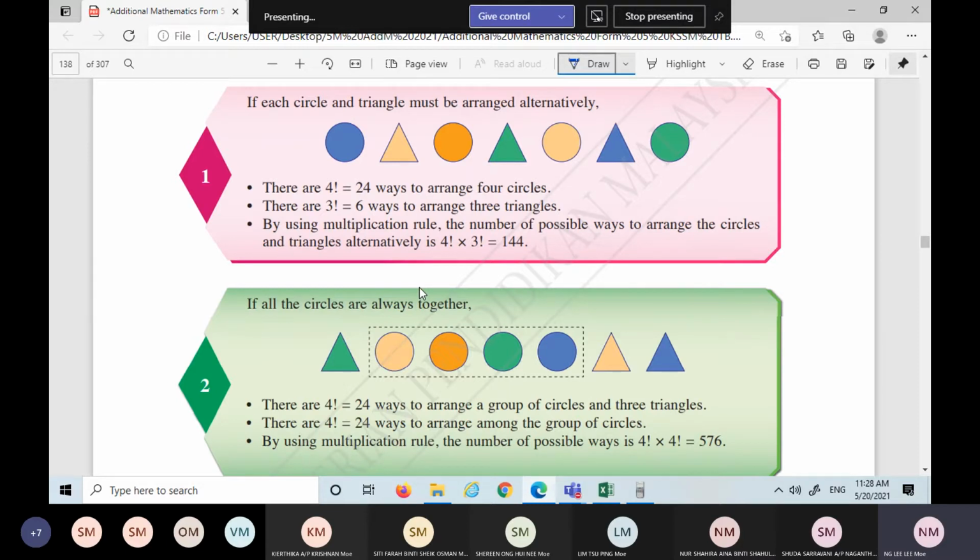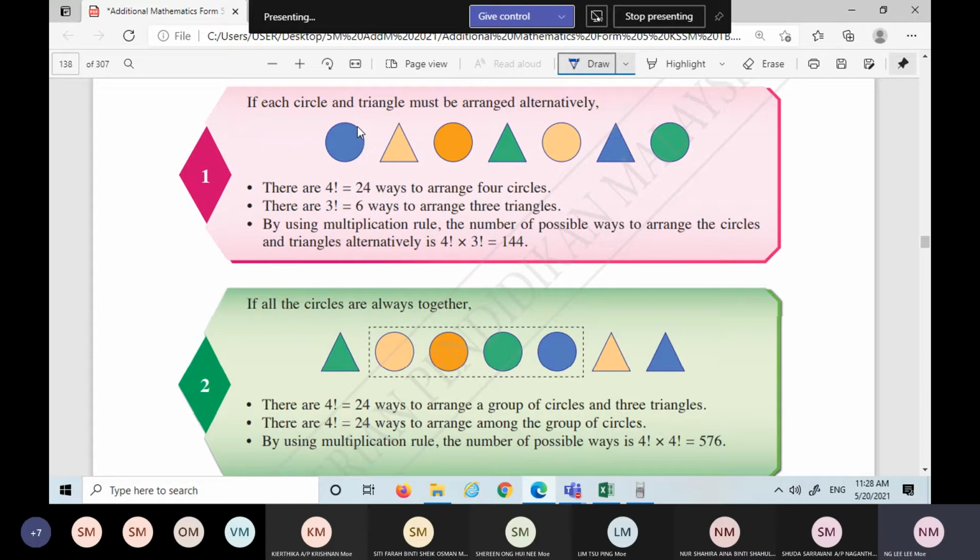We cannot start with a triangle, because there are more circles than triangles. If we start with a triangle, then at the back the circles have to be together. It will not be alternate. So how to do these questions?